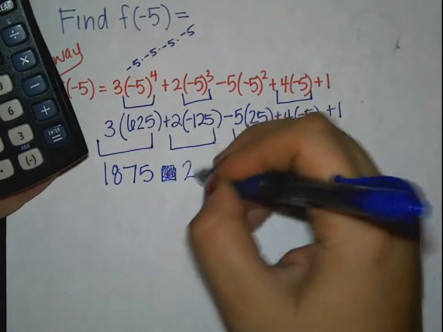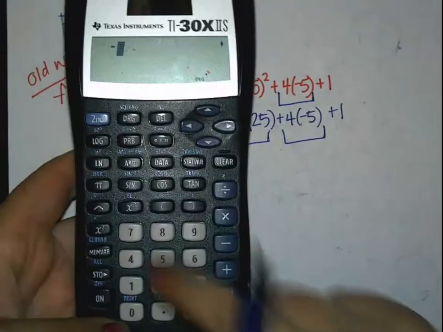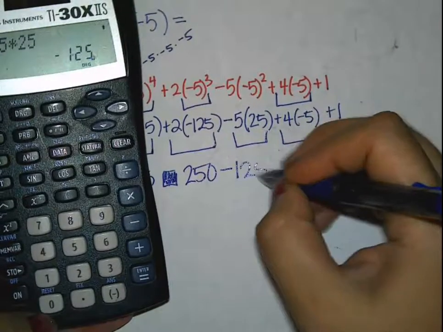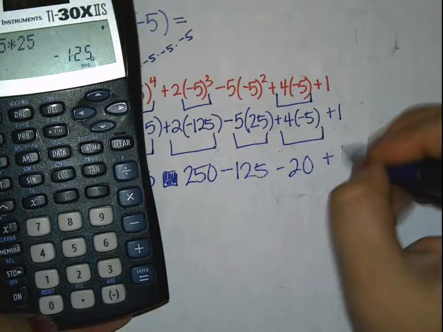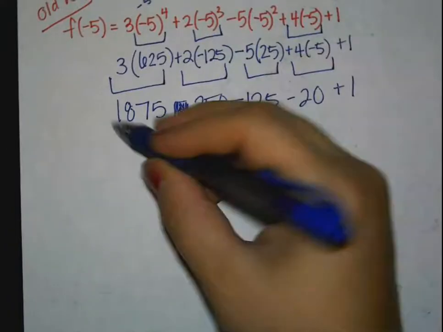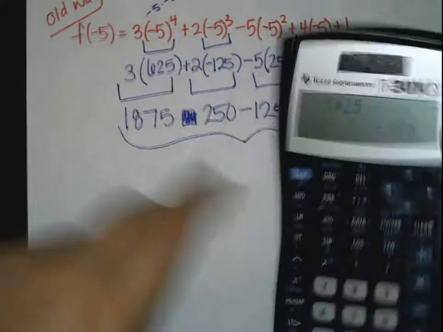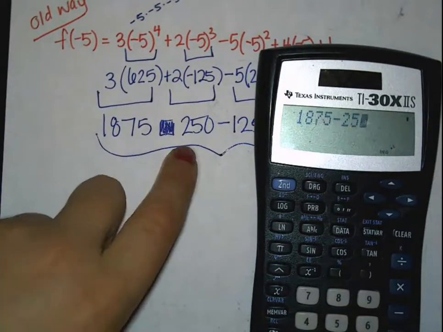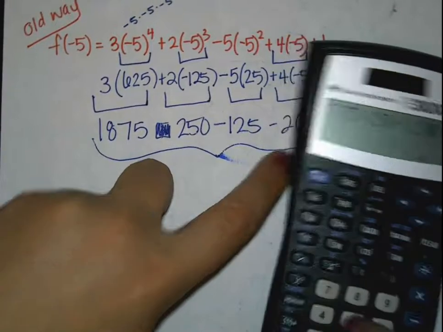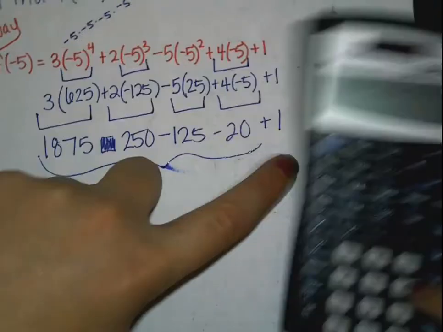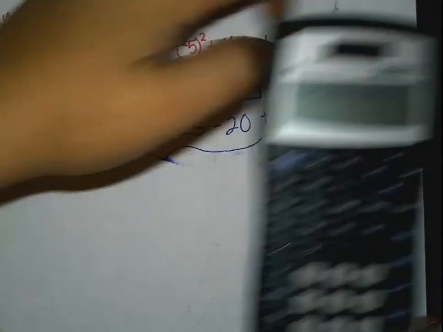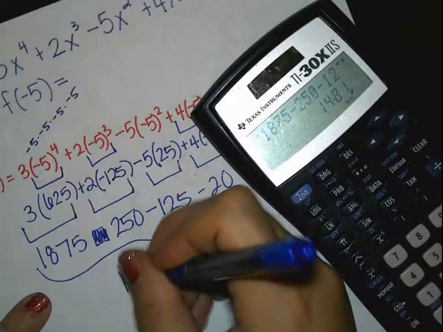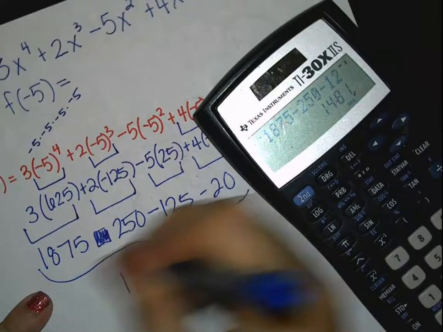So negative 250. And then negative 5 times 25. And then without a calculator, if you didn't have one, having to combine all of these. Luckily, we have a calculator, right? It's not an issue. And we would get 1,481.